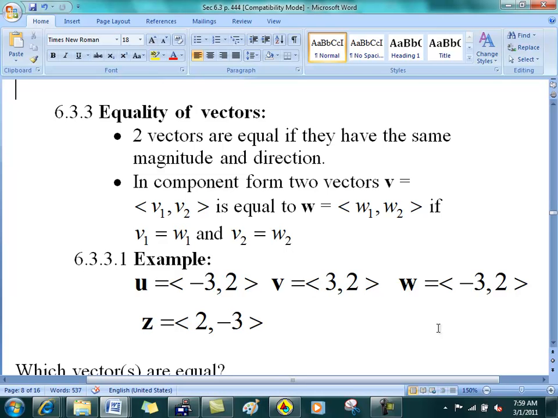Ian? Is everybody with Awesome on this? U and W are equal, because minus 3 equals minus 3 and 2 equals 2.